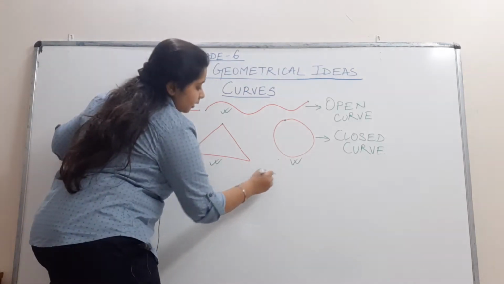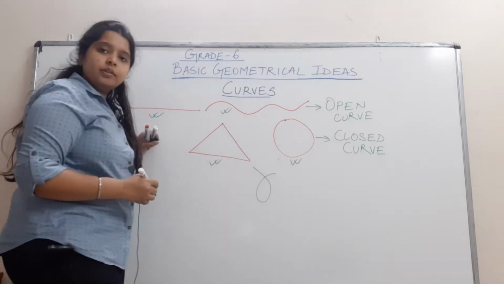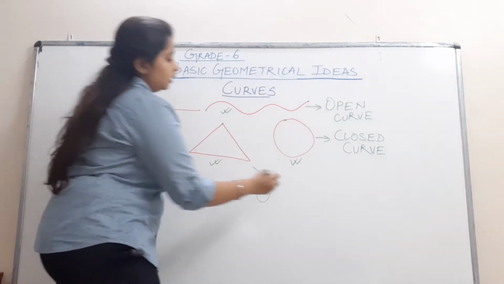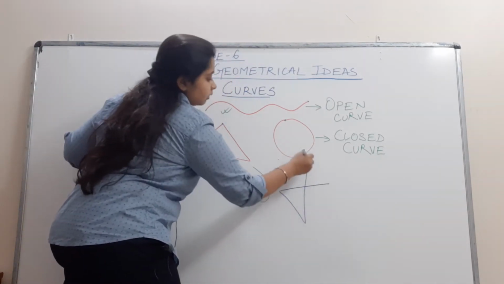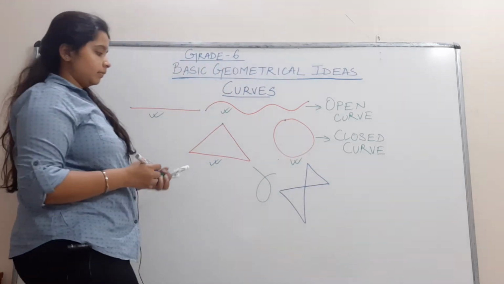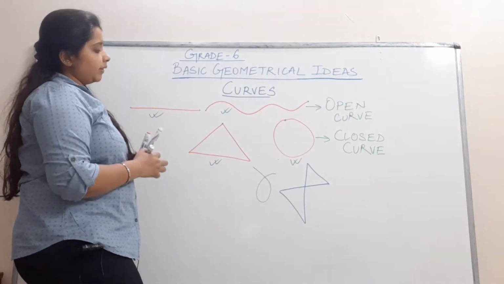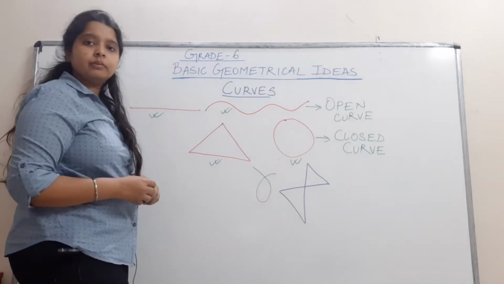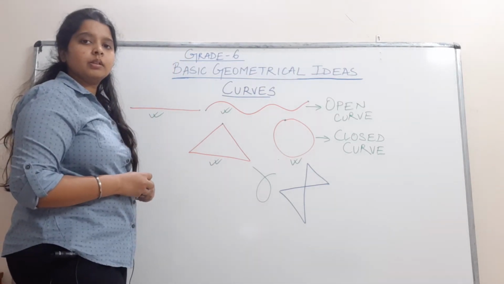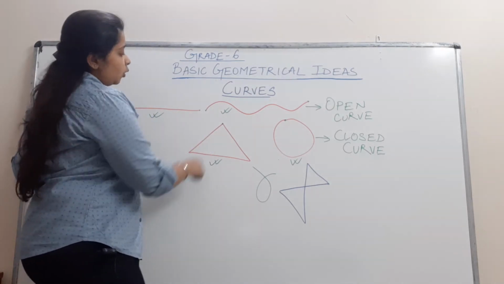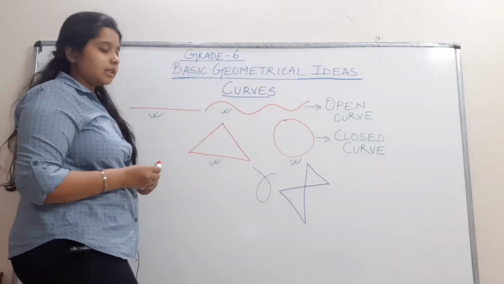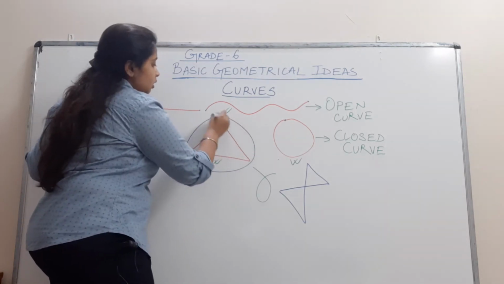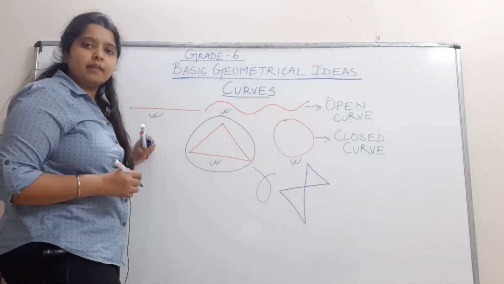I am drawing one more type of curve. Okay? Let's see. This is also a curve. Right? What about this? Now, do you observe any difference between this curve and this curve? See, in this curve, only one point is the same, that is the starting and ending point. That means this particular curve is not overlapping itself.